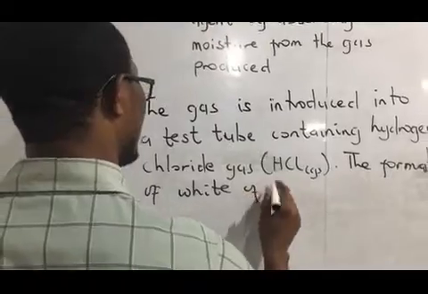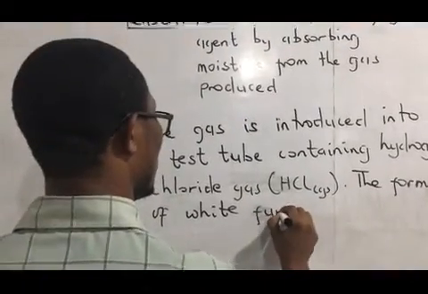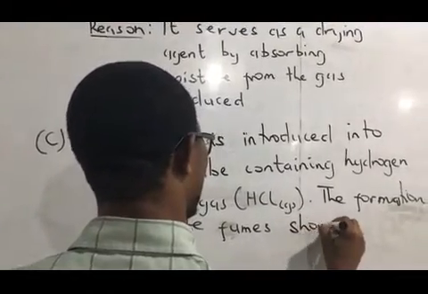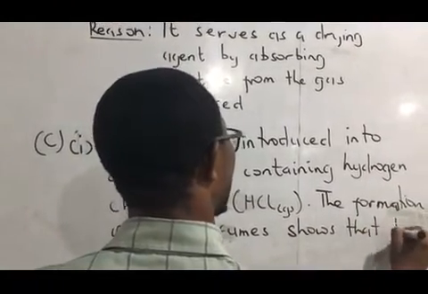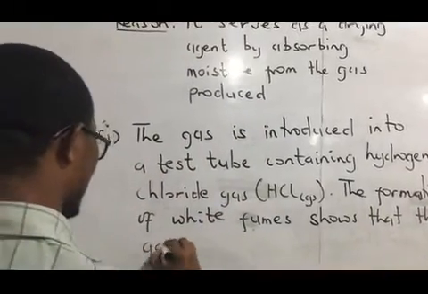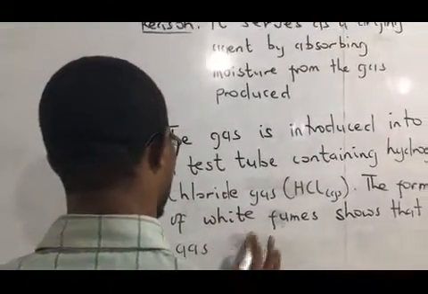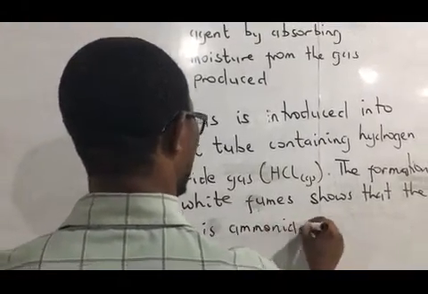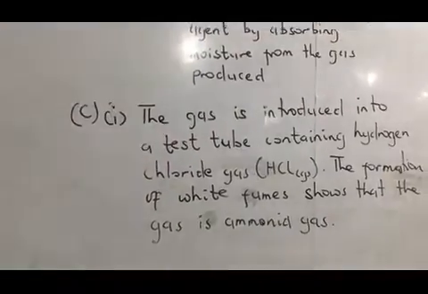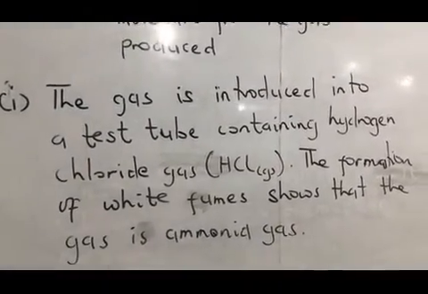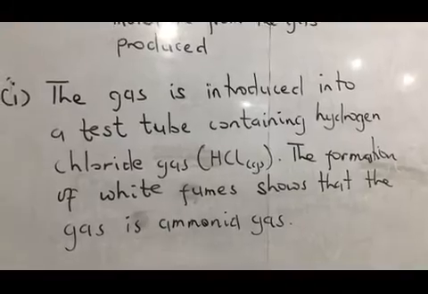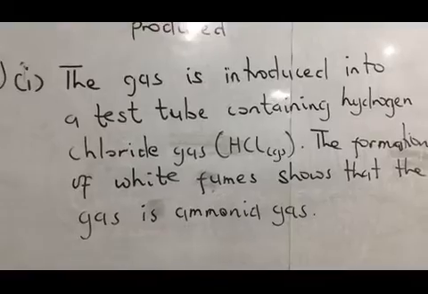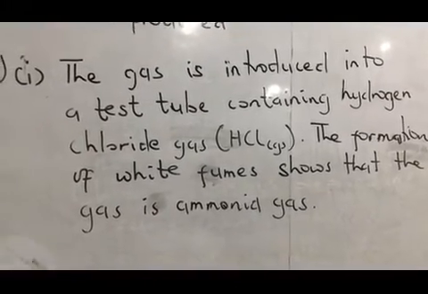The formation of white fumes shows that the gas is ammonia gas. Okay, so if you introduce a gas into a test tube containing hydrogen chloride gas, and then you see the white fumes, the vapor coming out appears white, then it shows that the gas you are testing for is ammonia gas.